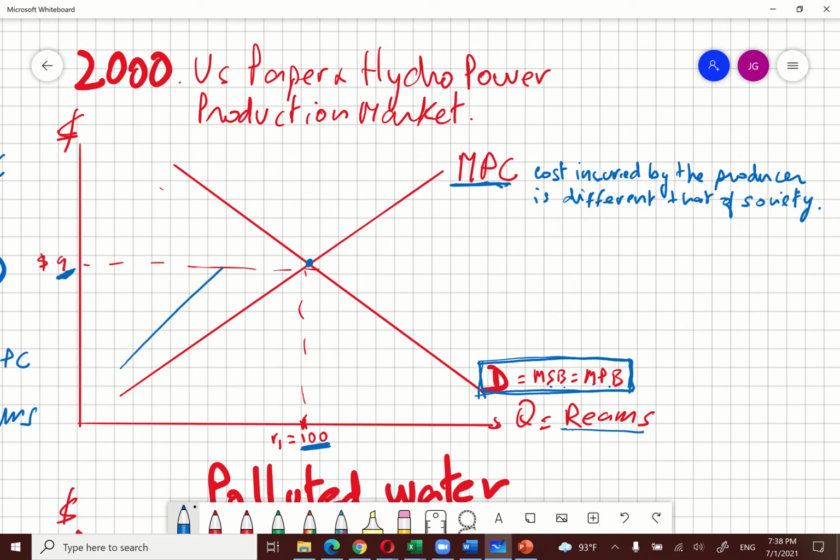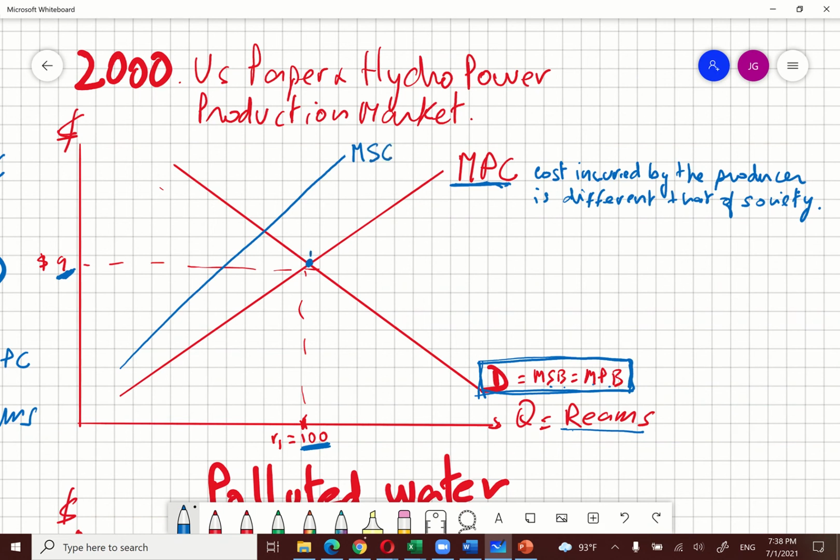Because the river is being polluted and not being cleaned by the polluters, eventually there's still a cost associated to it that needs to be paid for. And this is the marginal social cost.